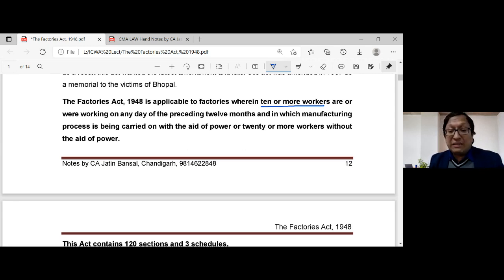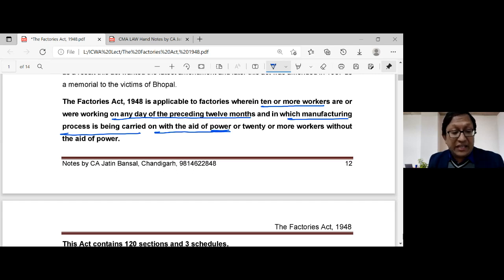If on any day of the preceding 12 months, 10 or more workers were working in a factory in which some manufacturing process is being carried on with the aid of power. By power, they basically consider machines moving with power. It is not general lighting. It is machines working on power.